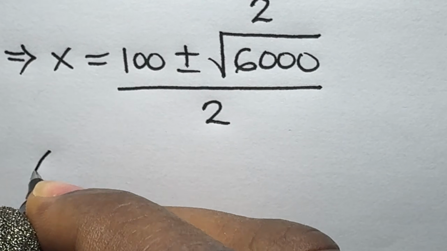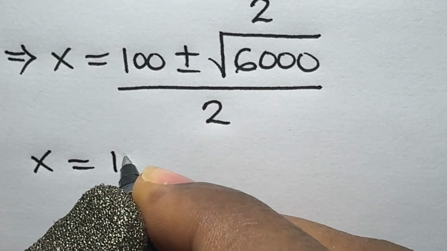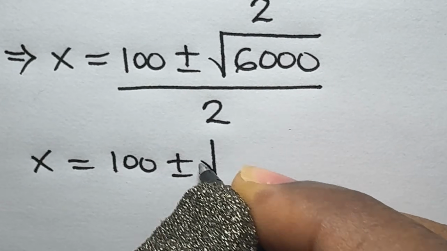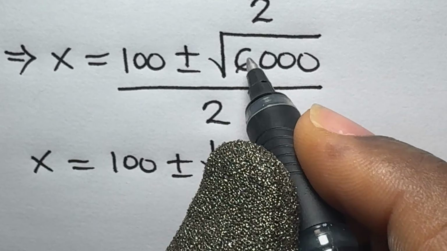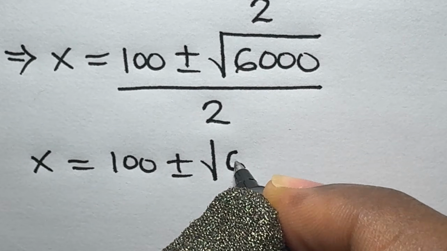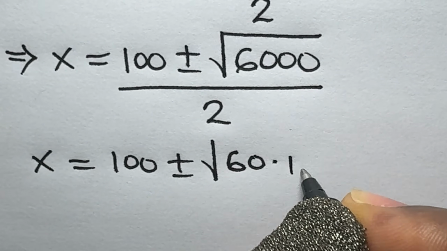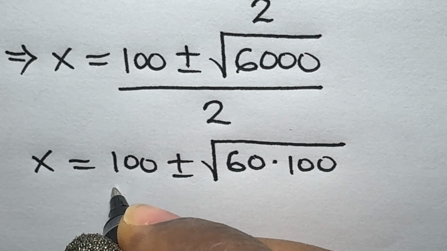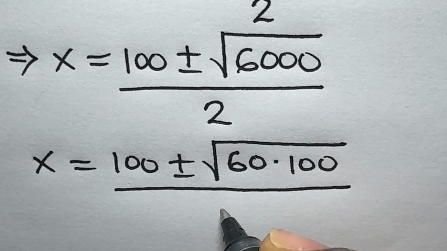So x is equal to 100 plus or minus square root of, I can break this down into 60 times 100, divided by 2.